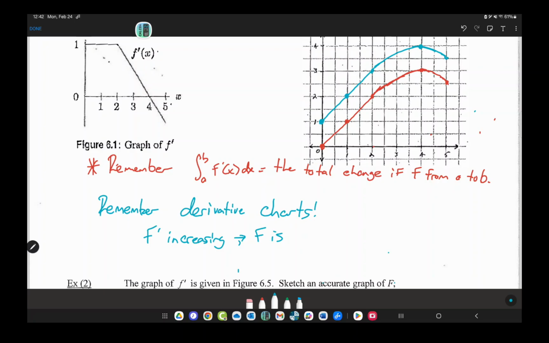But if f prime is increasing, that means f is concave up. Okay, f prime, in this case, is constant, so f is just a linear function. But then f prime became decreasing, which means f became concave down, which is what we can see in the graph.